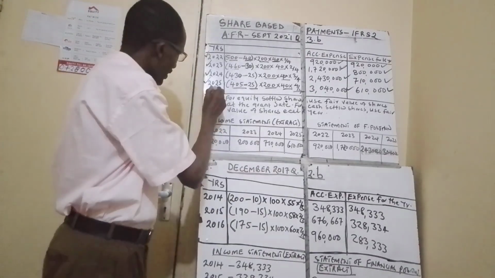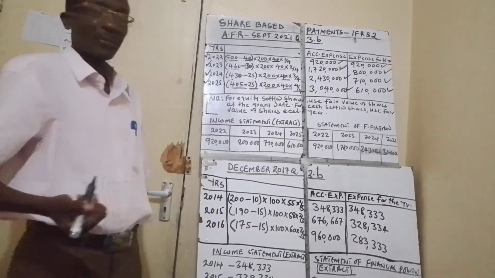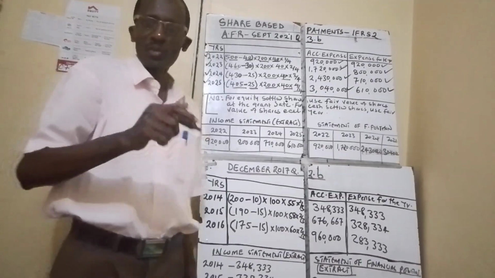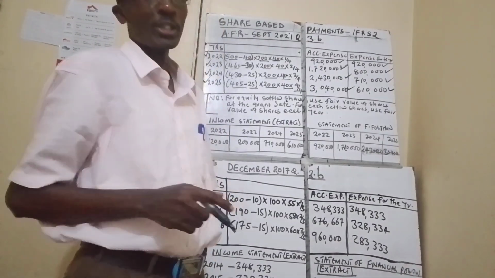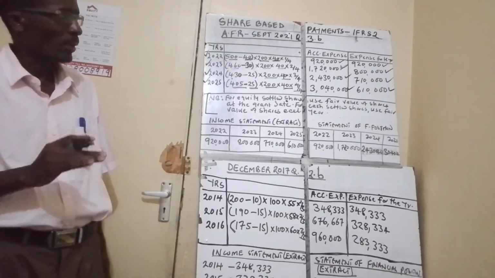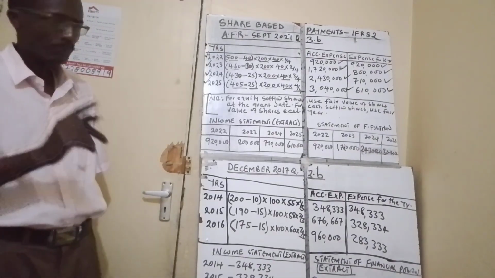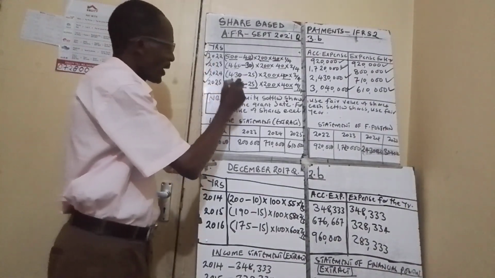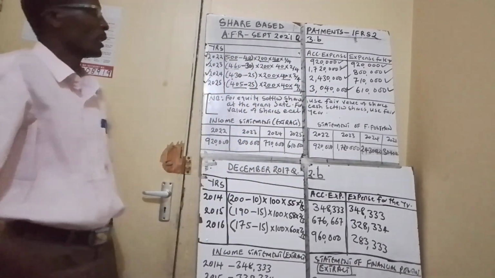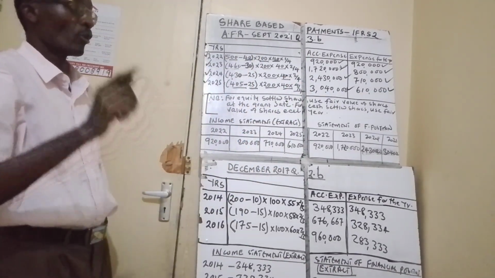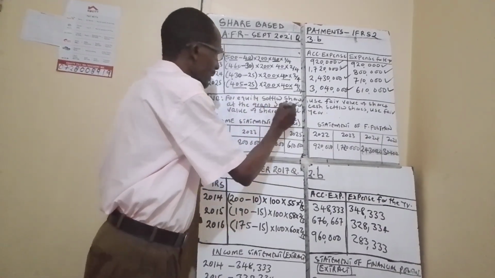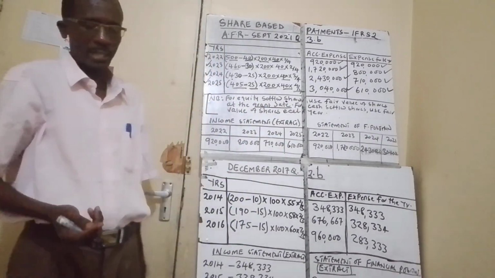This point again is very important for the purpose of the exam, because it is the one that may make you get a 0 in a question testing share-based payment if you don't understand how to go about it. I repeat that for equity-settled share, like what we have done here, use the fair value of shares as at the grant date. Now, what is the grant date?